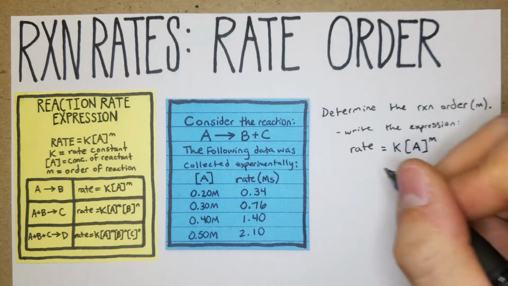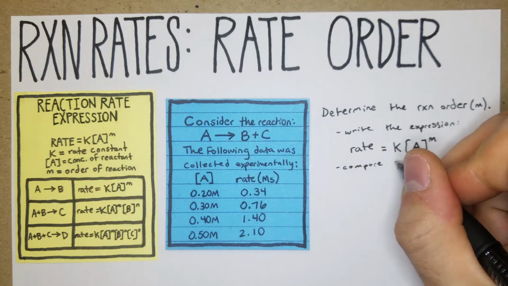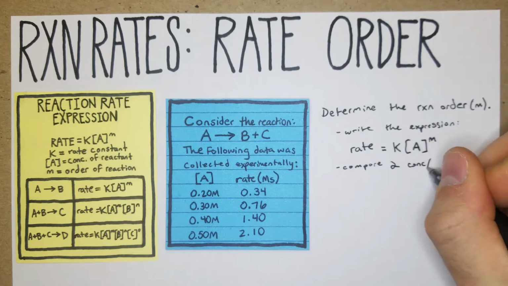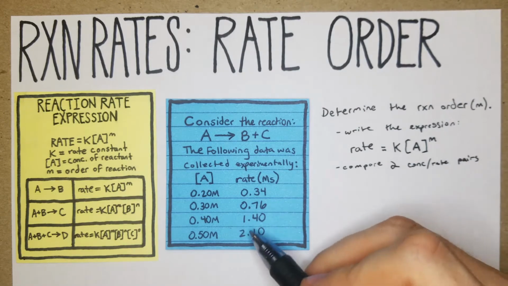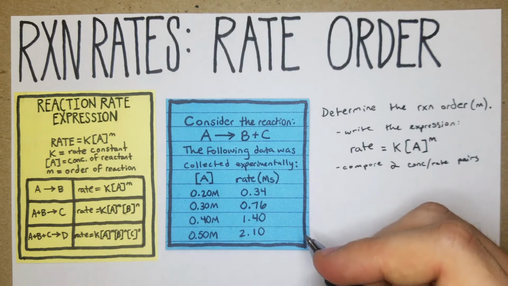Now what we're going to do is compare our two concentration pairs. We're comparing some data from these, and you can choose any two and it should work out okay.